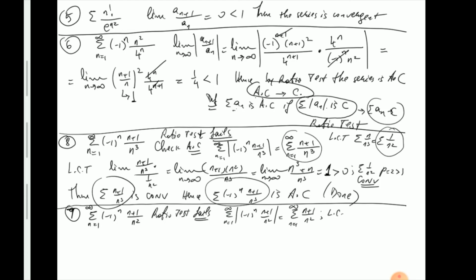We use the limit comparison test with the series made of the dominating terms, which is the summation of 1 over n. We verify that the limit comparison test works by taking the limit of n plus 1 over n squared divided by 1 over n, which is the same as times n over 1. The limit is 1, a positive number.